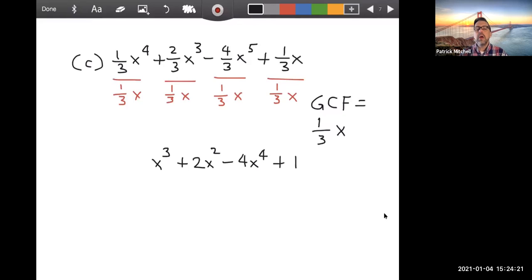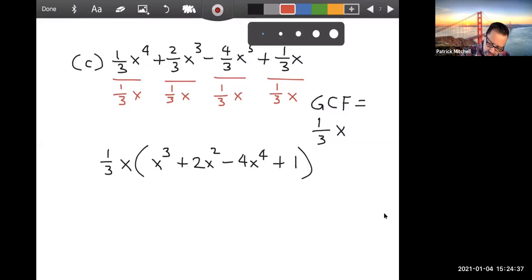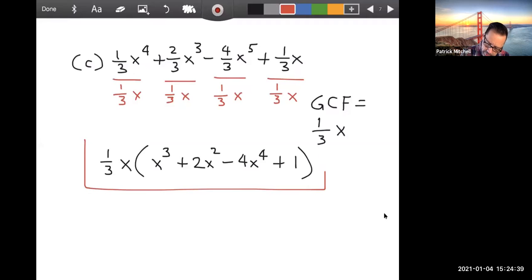Okay. So that's what I have if I were to divide each of those terms by 1/3 x. So the answer to my factoring problem is that that's one of the factors, and the other factor is 1/3 x. Okay, so hopefully that doesn't seem as scary as it might have at the beginning.